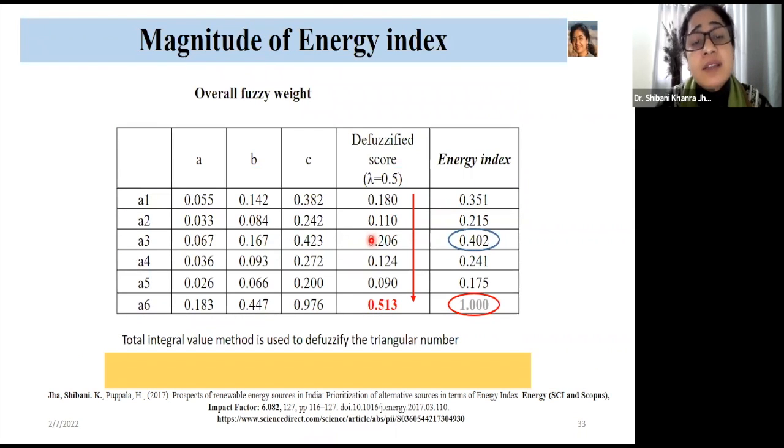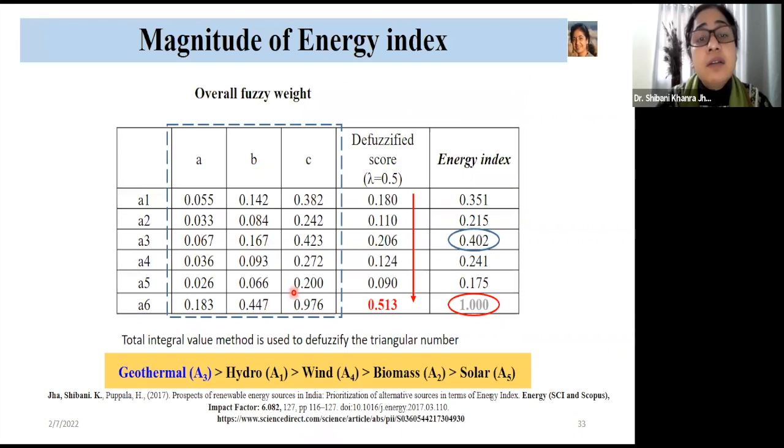So with all those analyses, which are the underlying steps of finally reaching this energy index value, as you can see in this particular table, it has been shown how all the alternatives A1, A2, A3, and so on depend on this defuzzy by the triangular members value which has been shown here, and then finally we arrive at the defuzzified score, which is for lambda 0.5.